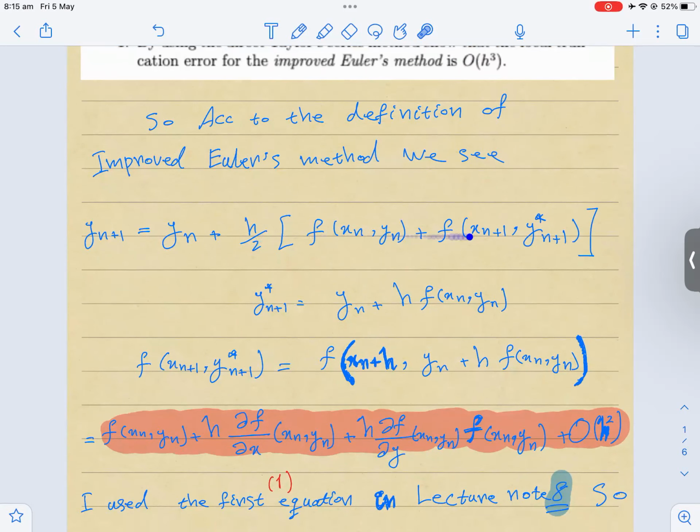So I've got this bracket, and what we don't know about is f(x_{n+1}, y_{n+1}*). Here x_{n+1} means this, and y_{n+1}* is written here.